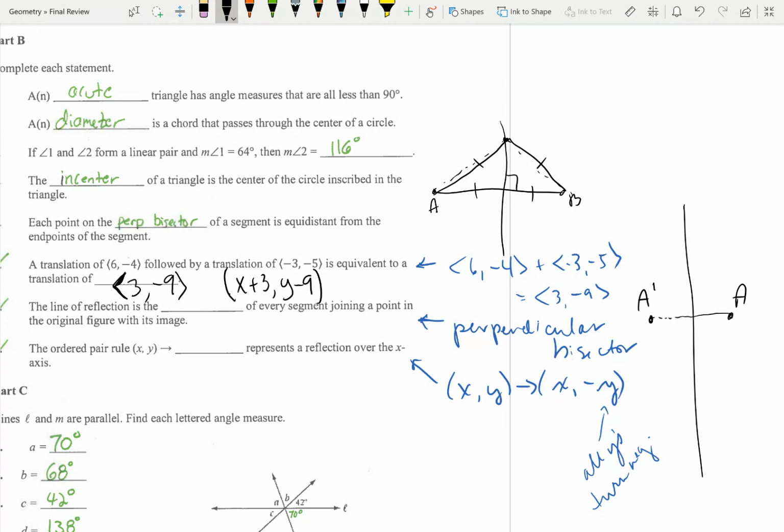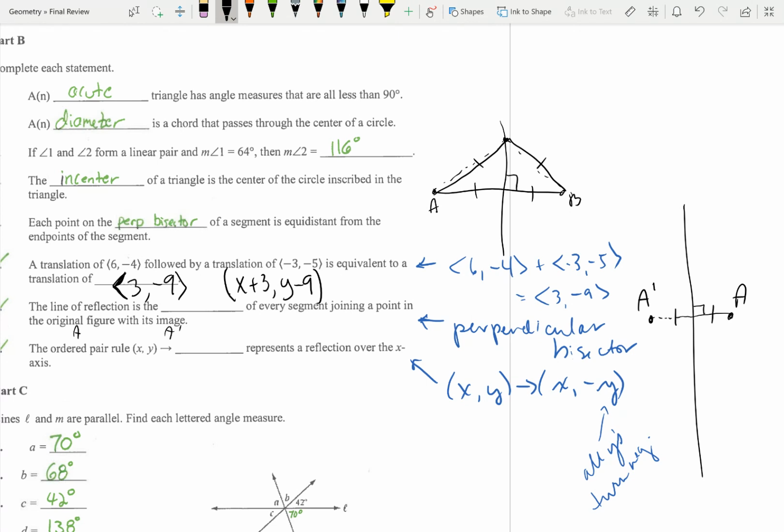So the line of reflection is going to bisect it because the distance is the same, and it's going to be perpendicular to it. So that's going to make it the perpendicular bisector of the line segment that joins A to A prime.